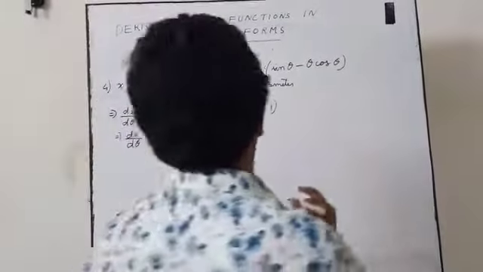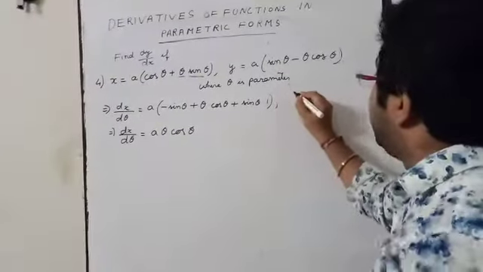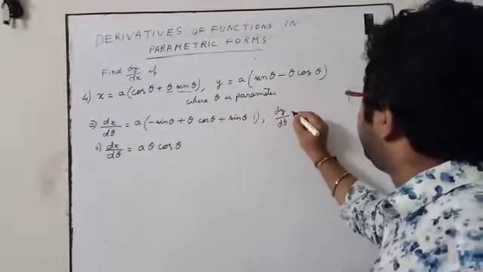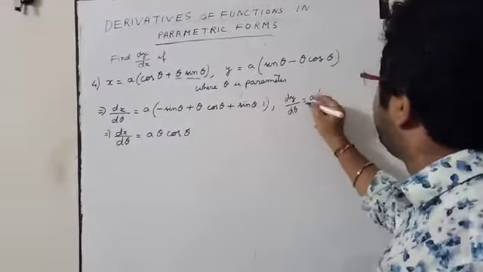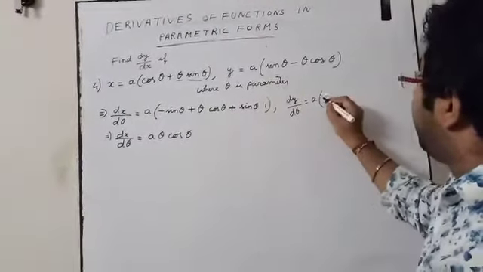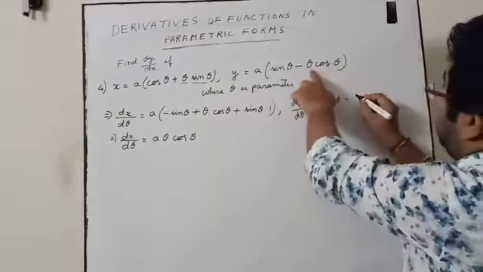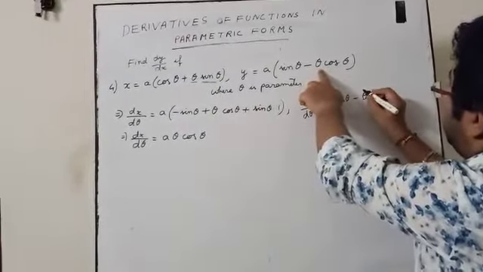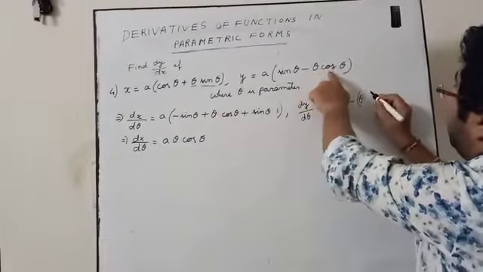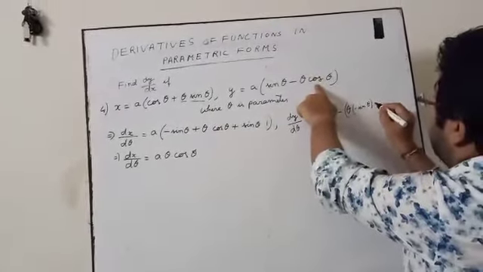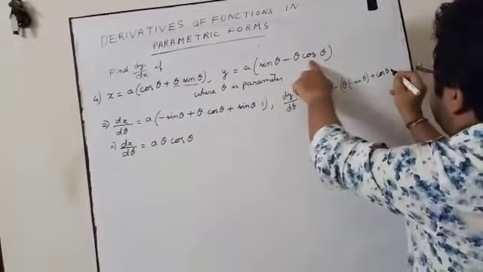Okay? So next, dy by d theta. Again you differentiate with respect to theta, because theta is the parameter here. a cos theta minus theta into the derivative of cos theta, which is minus sin theta, plus cos theta into the derivative of theta, which is 1.